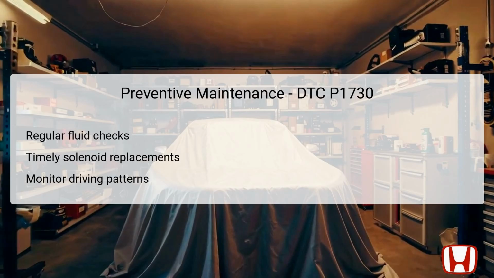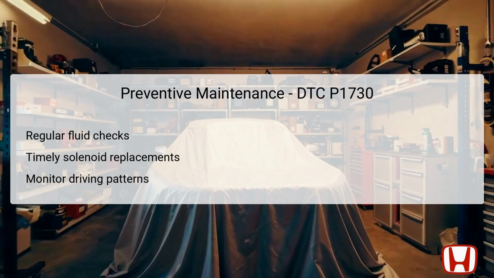Preventive maintenance plays a critical role in avoiding future occurrences of DTC P1730 and ensuring the longevity of the vehicle's transmission system. Regular fluid checks should be conducted to ensure the automatic transmission fluid is at the correct level and remains uncontaminated.